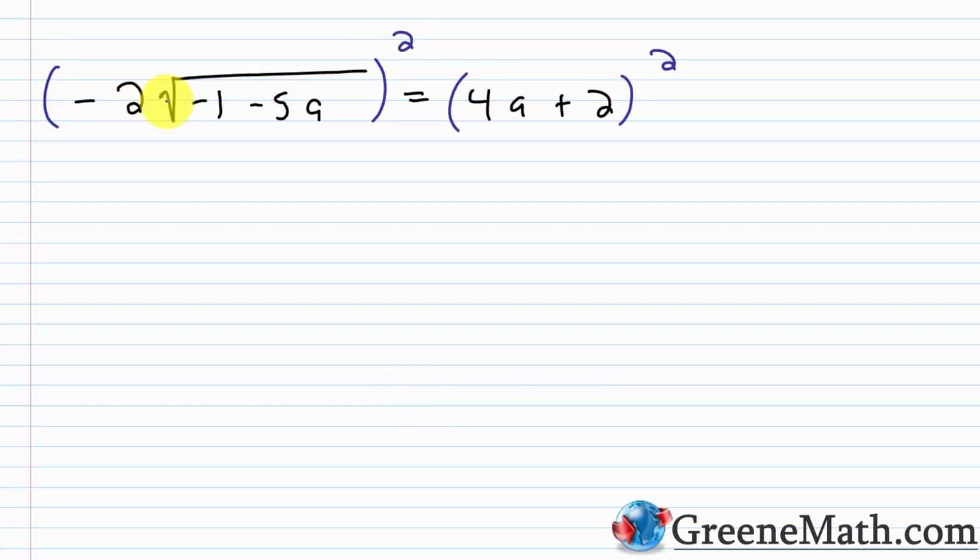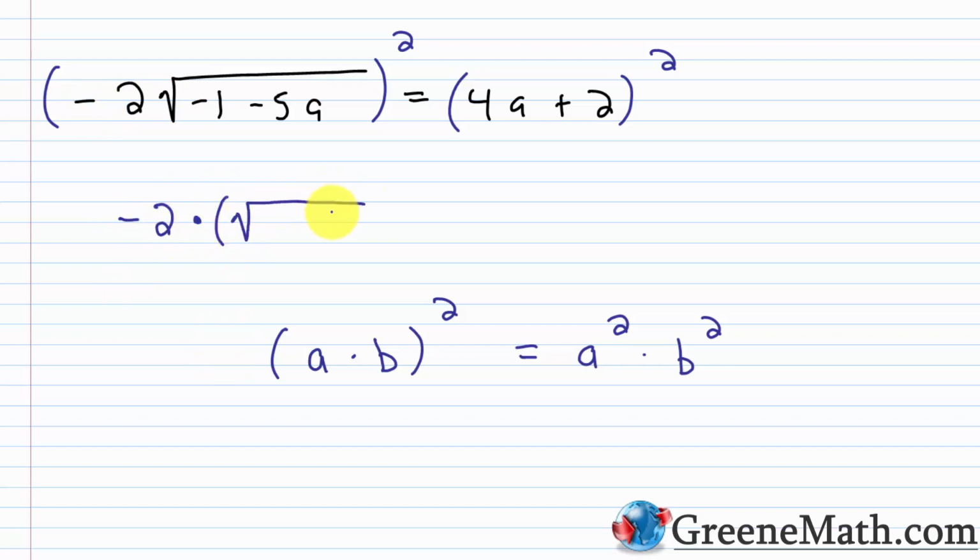Now, when I square this guy, I want you to think back to when I squared something like a times b squared. This is equal to a squared times b squared, right? We all should agree on that. If I look at this more closely, this is really what? This is -2 times this quantity, and let me just put it in parentheses, -1 minus 5a, okay?